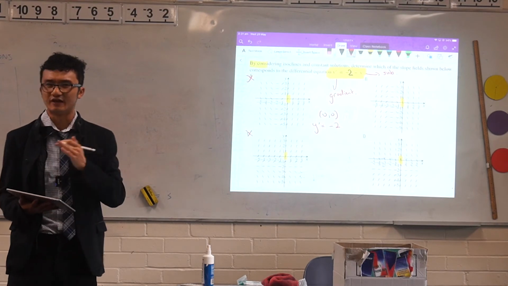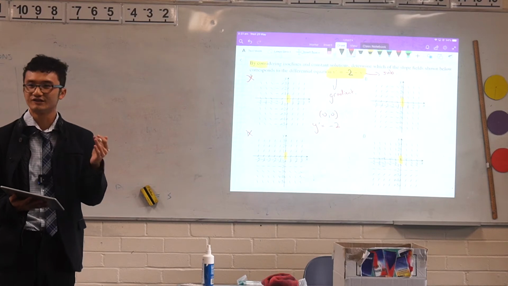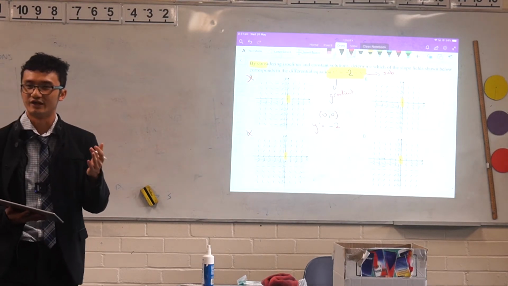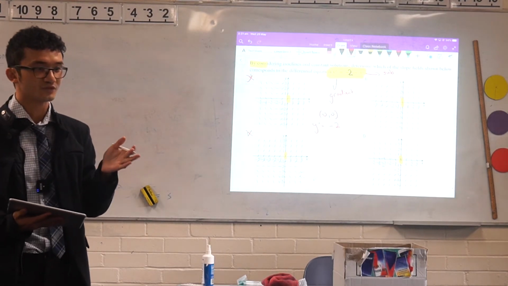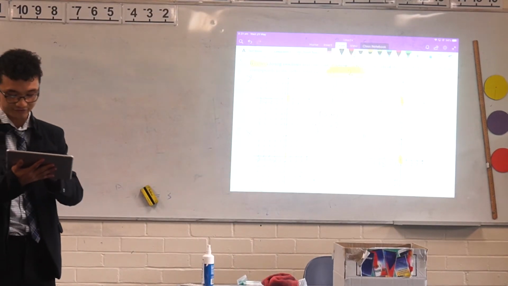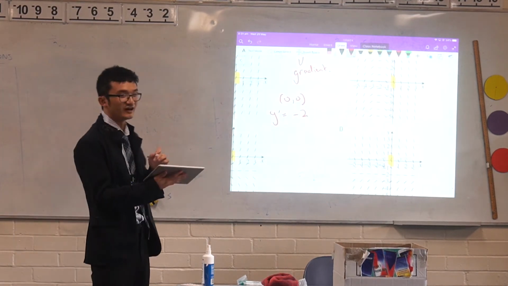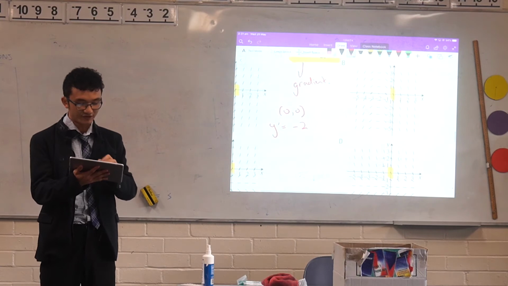If I change the x value, how does that change the gradient if there's no x in the equation? It won't, exactly right. So if you look at your graphs, if you change the x value, the gradient of the isoclines shouldn't change, right? Because here I've got 0, 0.